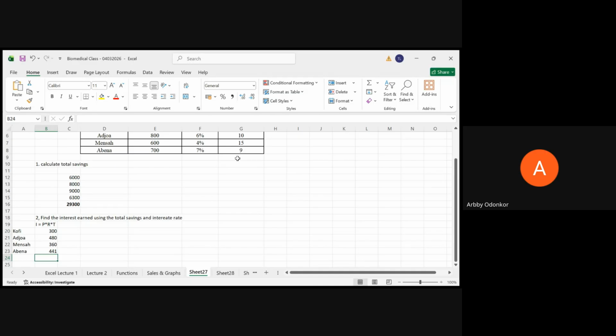Or the question is not complete, because I'm thinking that we calculated the total savings and got 29,300. So we are supposed to also calculate the total interest.